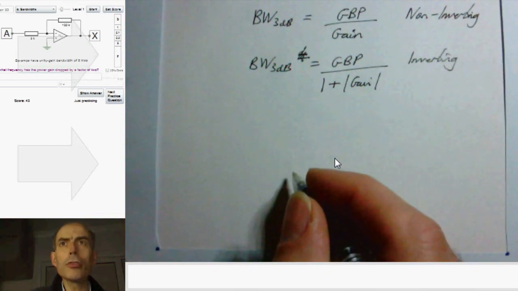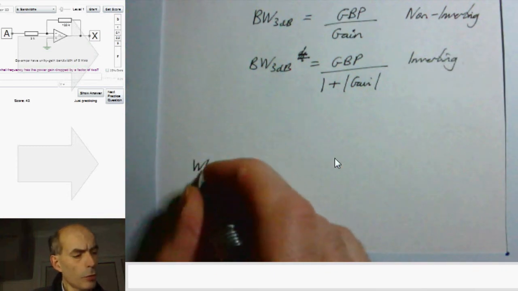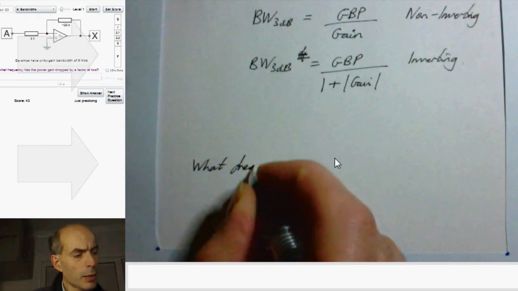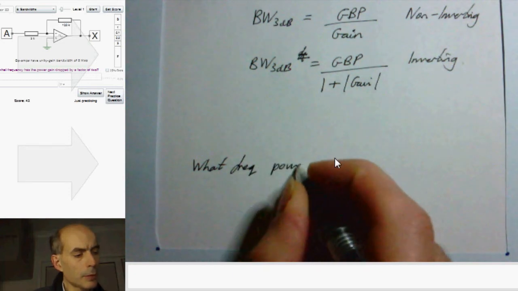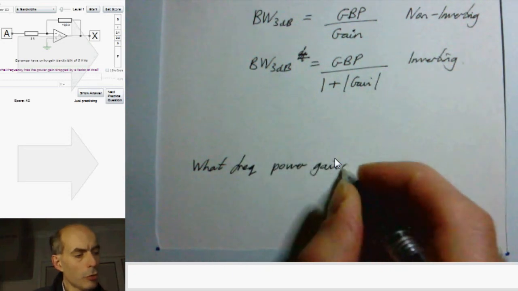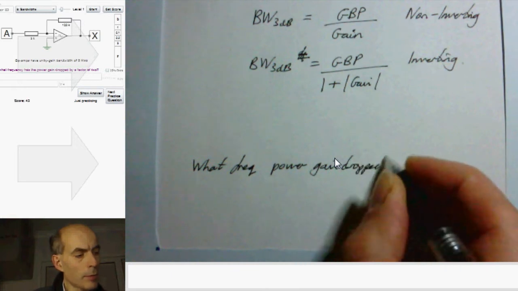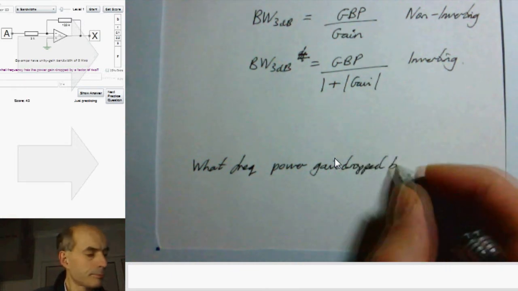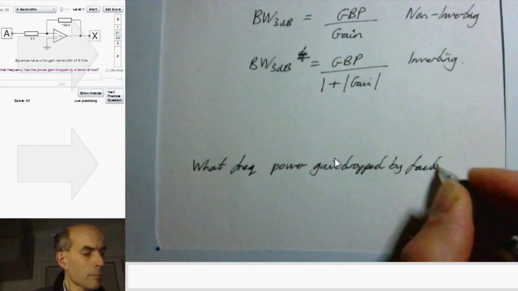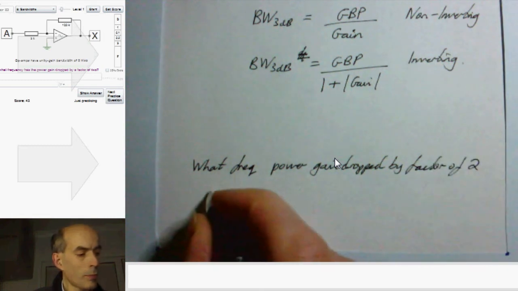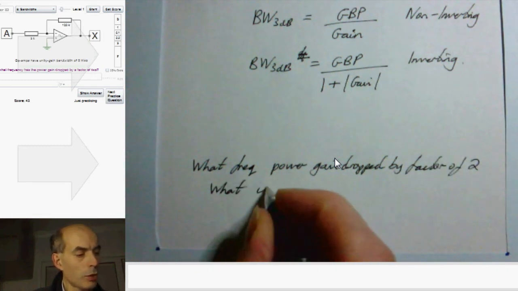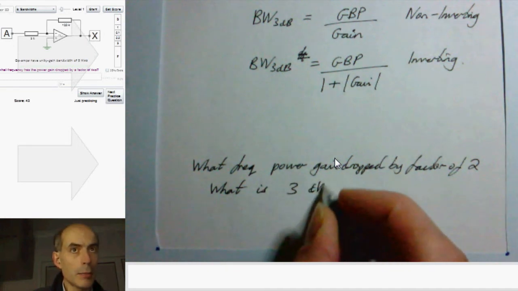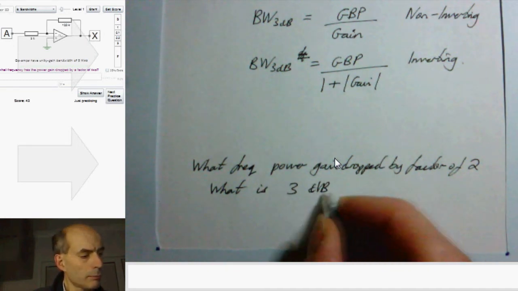And you'll note that this time we've been asked what frequency has the power gain dropped by a factor of 2, whereas before we were asked what is the 3 dB bandwidth.